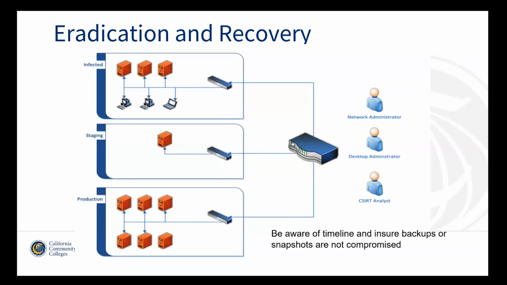Look at the timeline of your backups if you have to restore from backup, because sometimes malware has been in your environment for a while, and you backed up the malware, and now you restore the malware back into production, and you don't want to do that. So sometimes it's nice to create subnets, stage the recovery, and when you're comfortable that the recovery is clean, then you can move it to production. Just some ideas on the recovery process here.